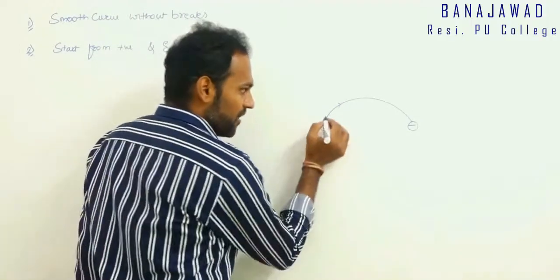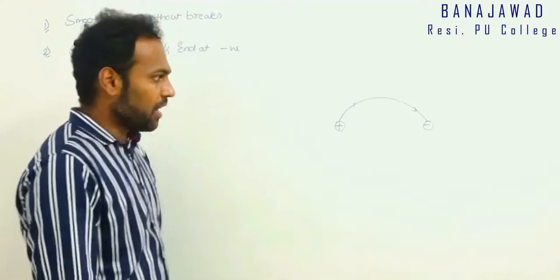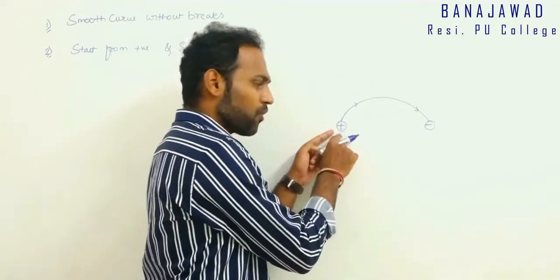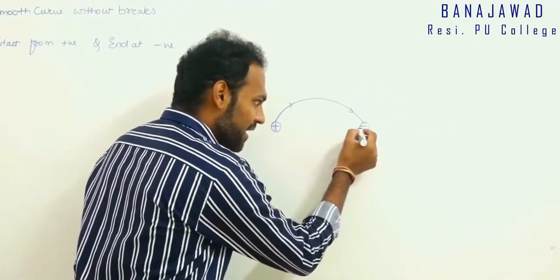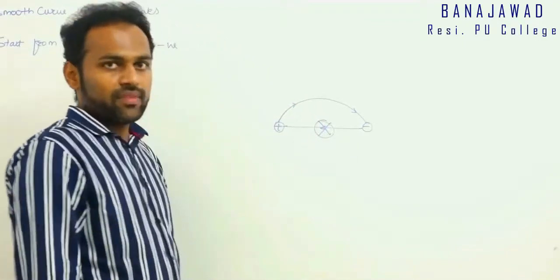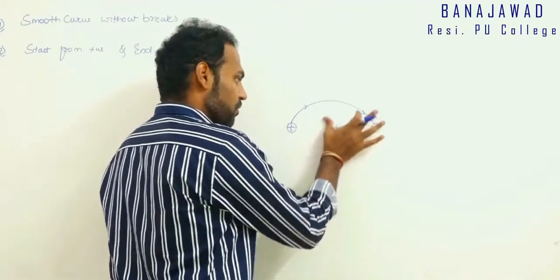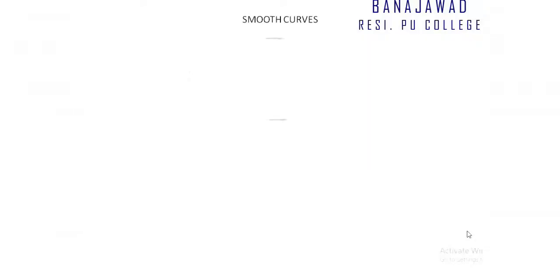That's why field is said to be away from positive and towards negative. So the field line will start from here and it will end here. But it will not return again from negative to positive. It will start at positive and end at negative. So all the electric field lines will start from positive and end at negative. This is the second property.